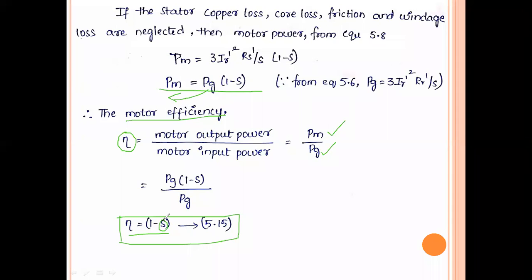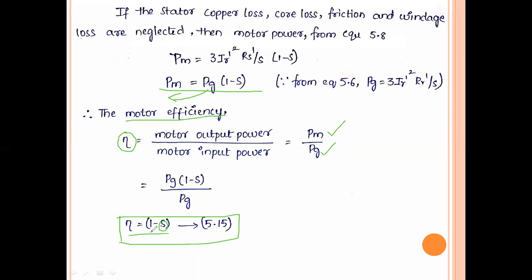Slip will always continuously change because of the speed. By reducing the stator voltage, the speed of the induction motor can be reduced, which increases the slip. So if the slip is increasing, that means the efficiency of the motor decreases.